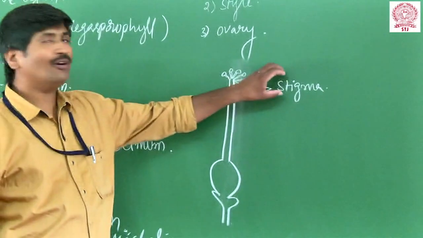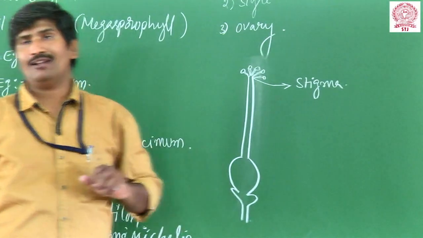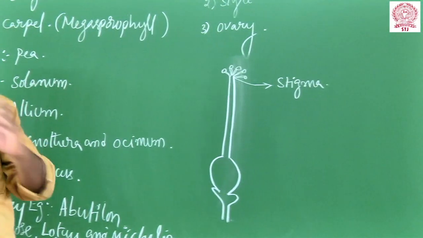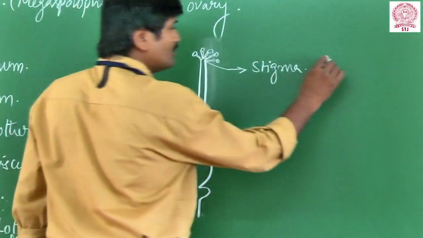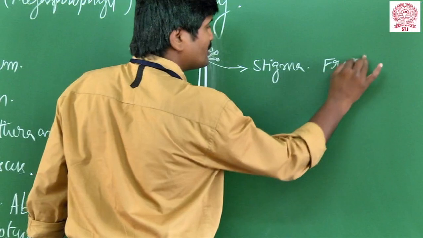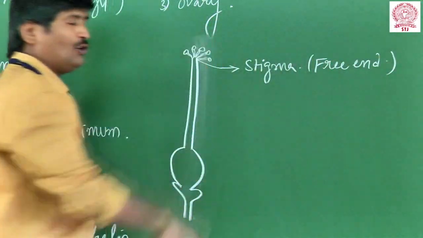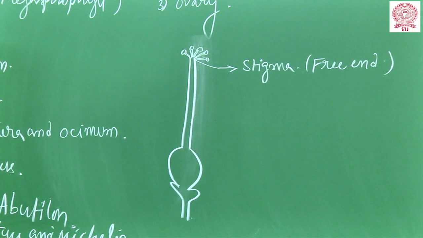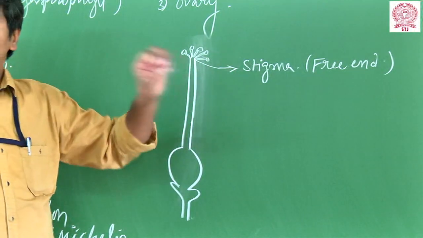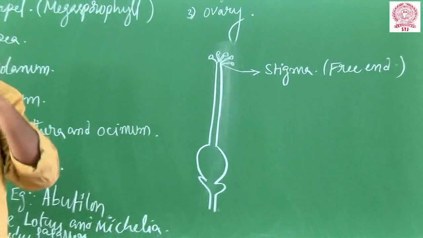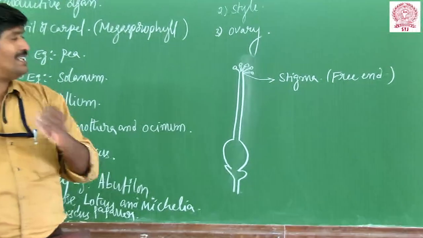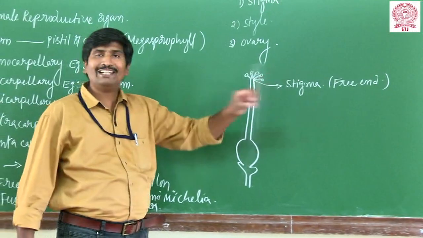The free end of each carpel is known as the stigma. It acts as the landing platform for the pollen grains. The pollen grains land on the stigmatic lobe.